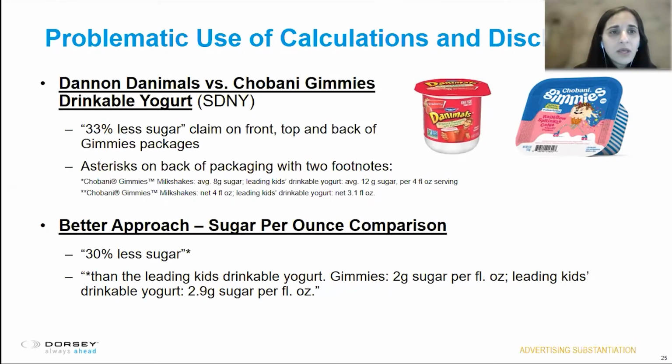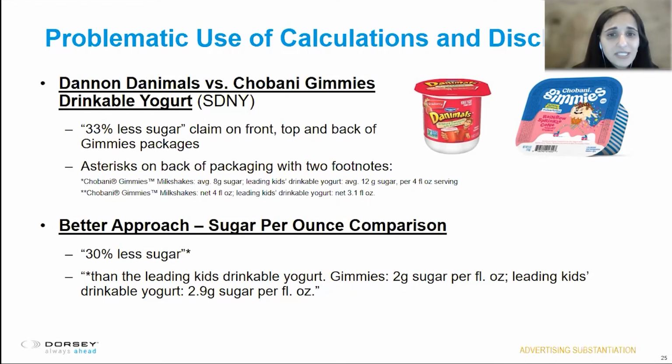They were very small. As I mentioned to everybody before, I don't like math. And thankfully, the Southern District of New York actually agreed with me in a way here and said, we can't expect consumers to do math. You can't expect them to figure out what 33% less sugar means by having to do math here.